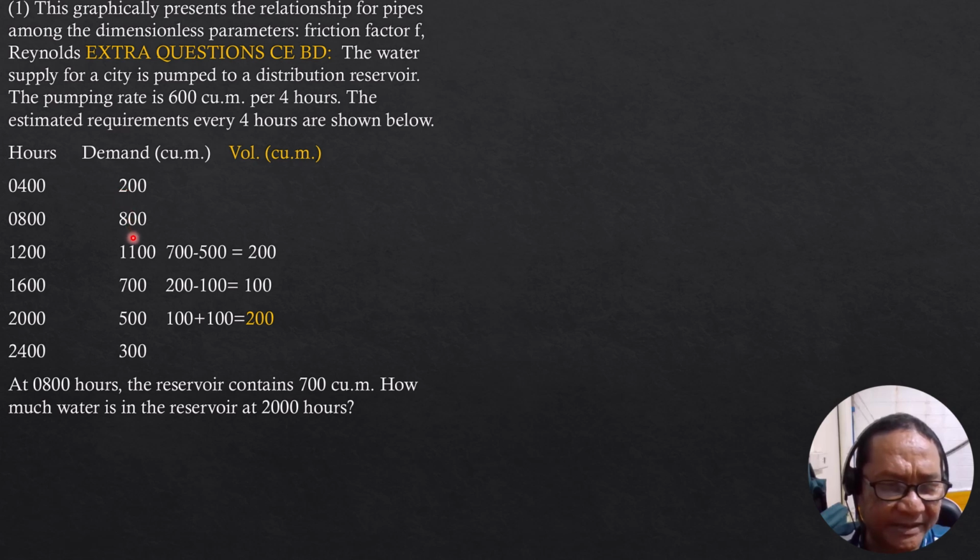4 a.m. At 8 a.m., 800, 1,100 at 12 noon. Then at 4 p.m., 700, 8 p.m. 500, 12 midnight 300. Of course, the demand will decrease when midnight is reached.